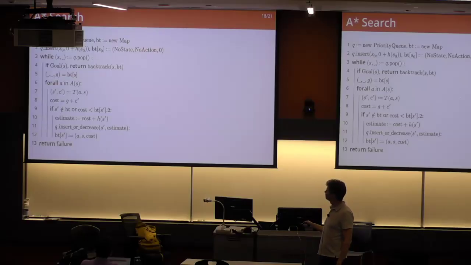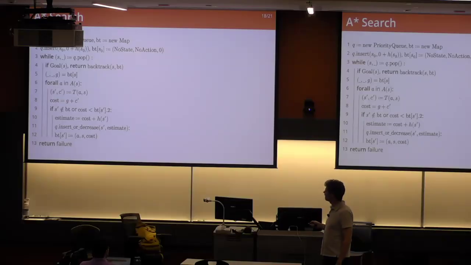And for each child, we'll figure out what is the next action. We'll go through the actions. We'll figure out what is the next state and what is the cost to get from S to S prime using that action A. We can create the actual cost to get to S prime through this route, which is G plus C prime.